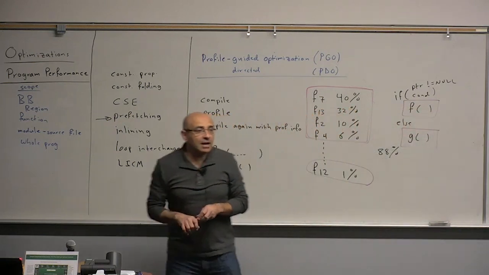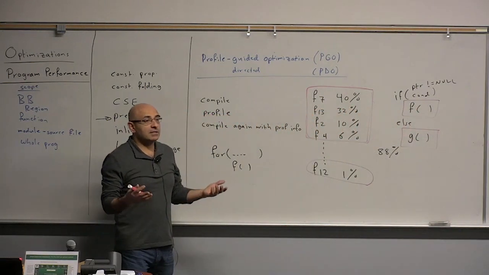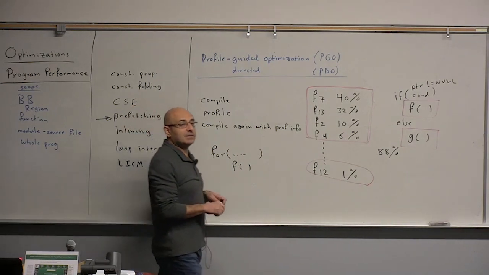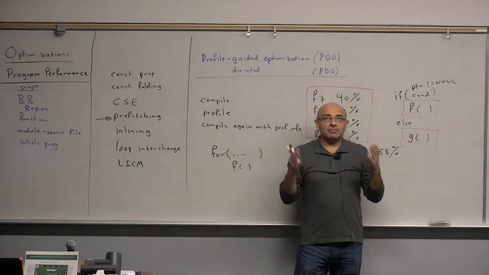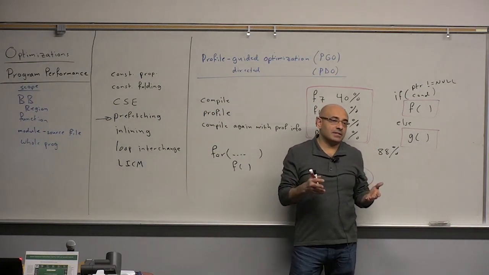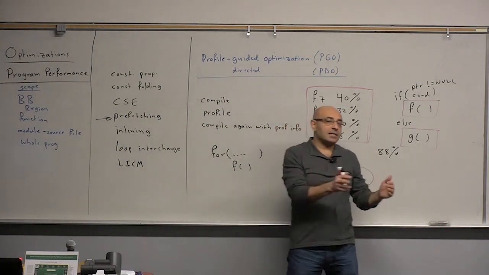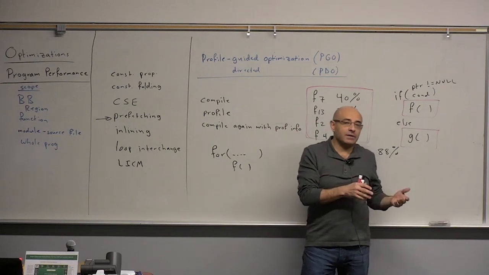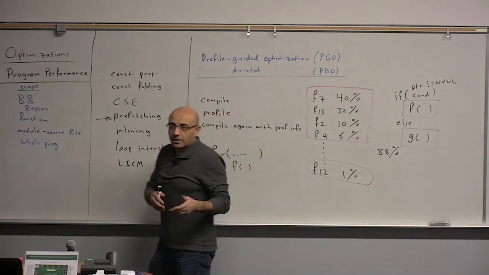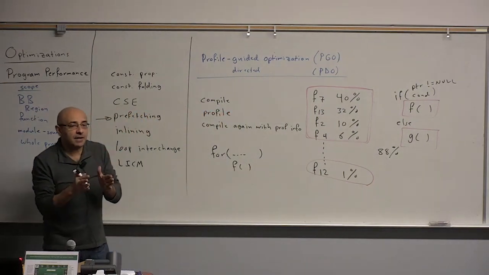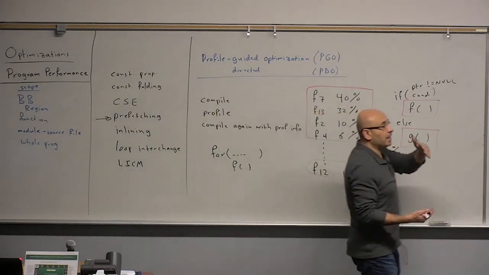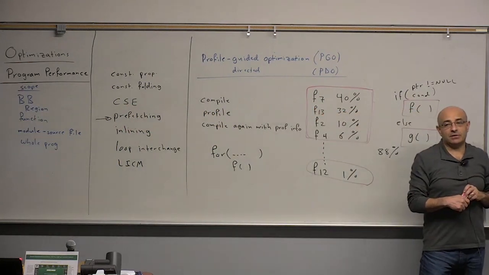If there are two live ranges, one live range that only spans basic blocks with low frequencies of execution, and a live range that spans at least one basic block with a high frequency of execution, you want to spill the live range that does not span a basic block with a high frequency of execution.